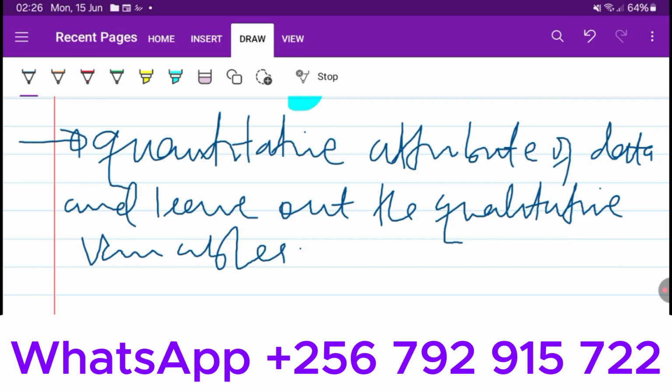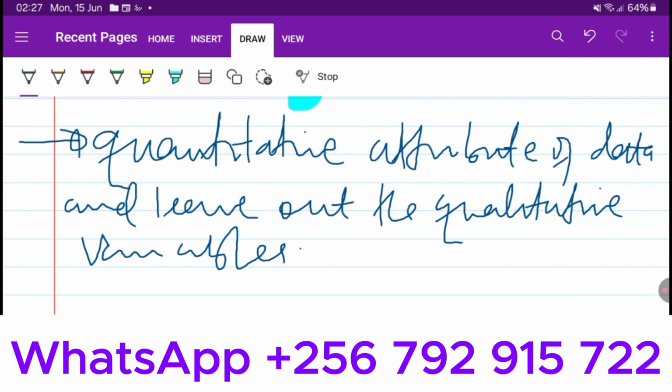It only looks at the quantitative aspect, because with most of the formulas that we have, there is no way you are going to calculate the mean of, let's say, the quality of the employees. There is no way you are going to use the mean to calculate the sex or gender of given respondents, or the educational skills.